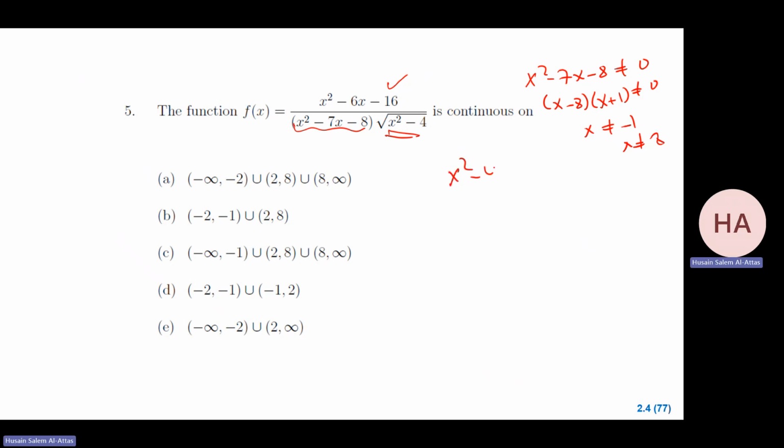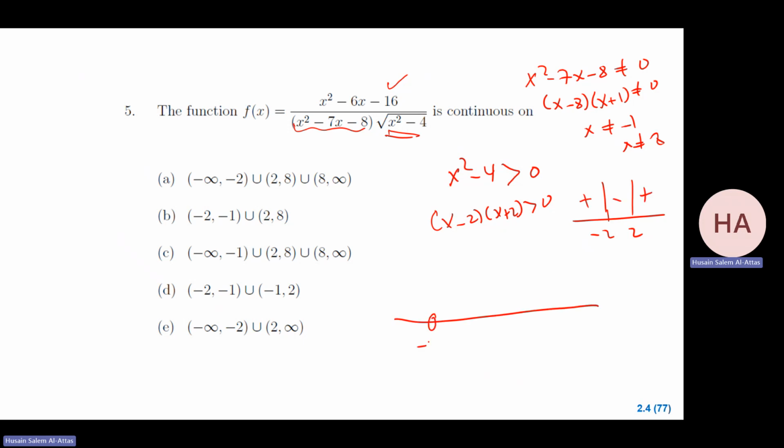I need x squared minus 4 to be greater than 0, not equal to. So I need to solve this inequality, put minus 2 and 2, take minus 3, you have positive, negative, positive. So I need the interval. This is open, open minus 2, open 2.